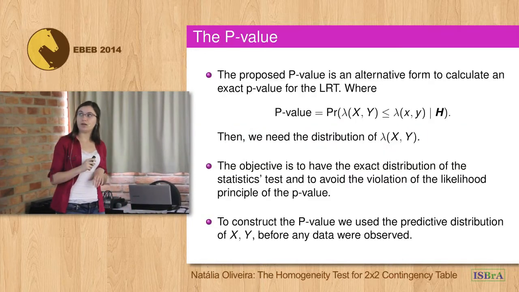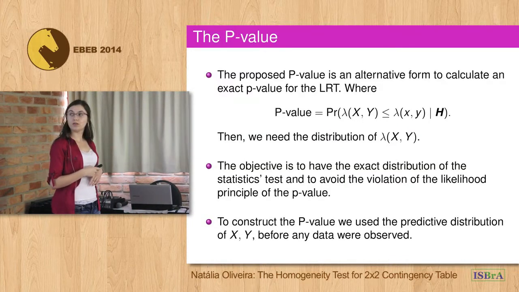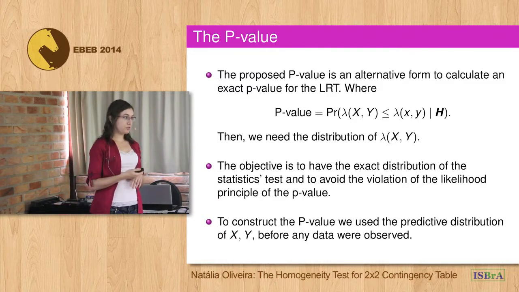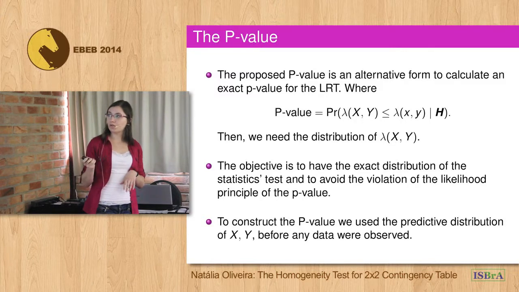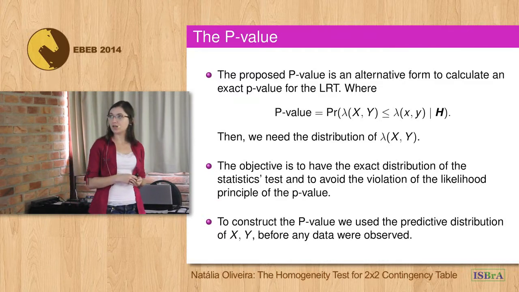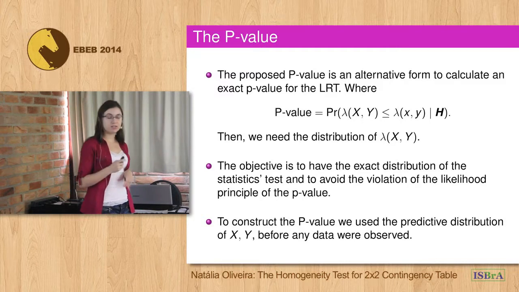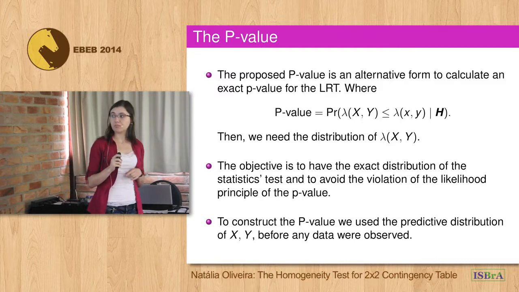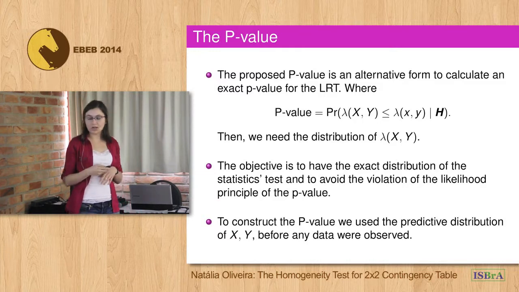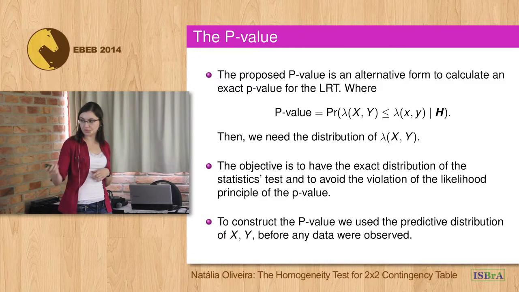Now the capital P-value. We started trying to calculate an exact P-value for the likelihood ratio test. In order to do that, we need to find the distribution of the test statistic. With that in mind, we wanted to construct an index that was exact and didn't violate the likelihood principle. The main problem was to find the test statistic's distribution under the hypothesis, and going for that, we ended up using some ideas from the predictive distribution of x and y.